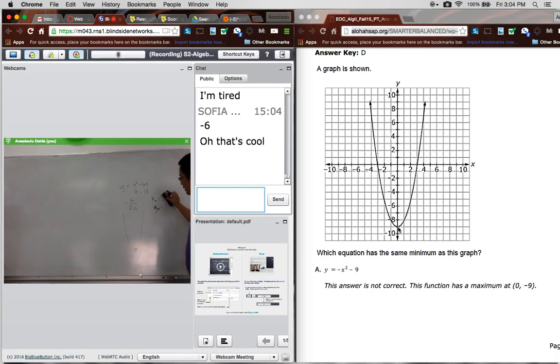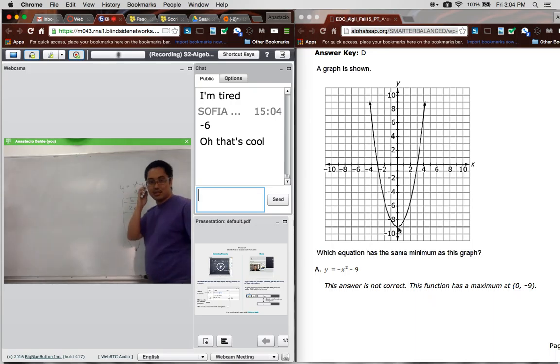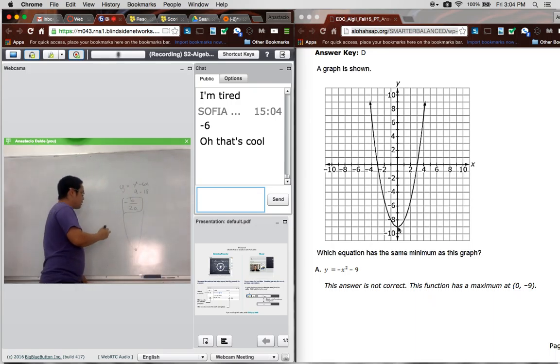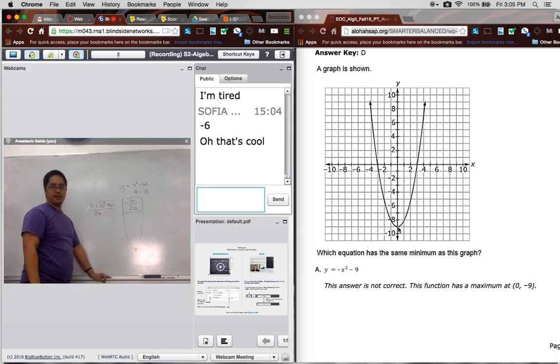Okay. I think another way to show you where this comes from is this. Here, I'll show you another way. The quadratic equation is negative b plus or minus the square root of b squared minus 4ac all over 2a. Okay? This right here is where I get those two answers from, because the quadratic equation always gives me two answers, right?